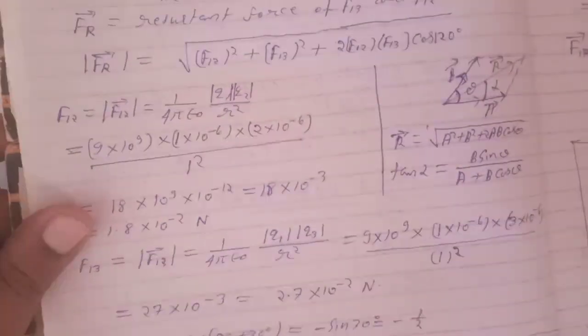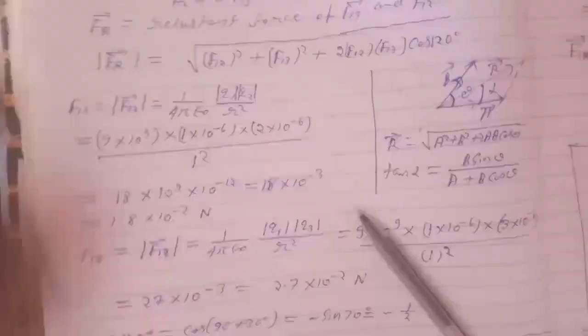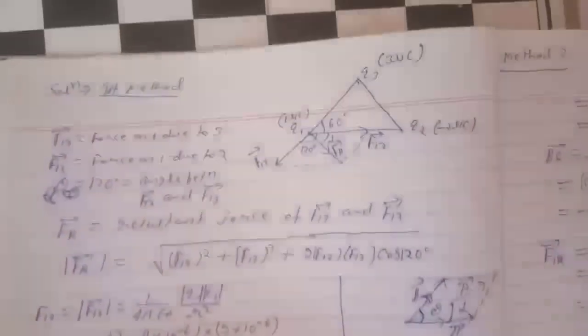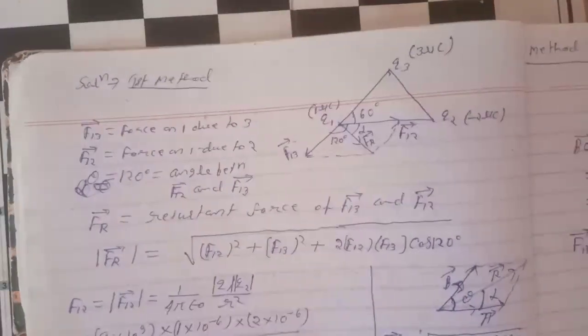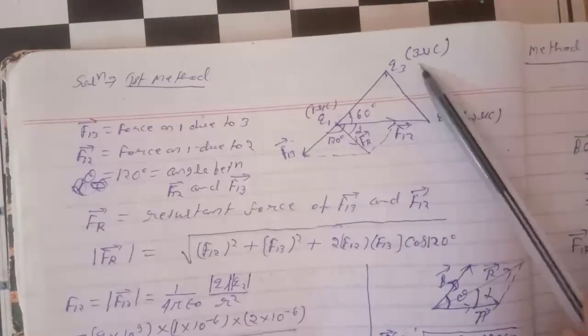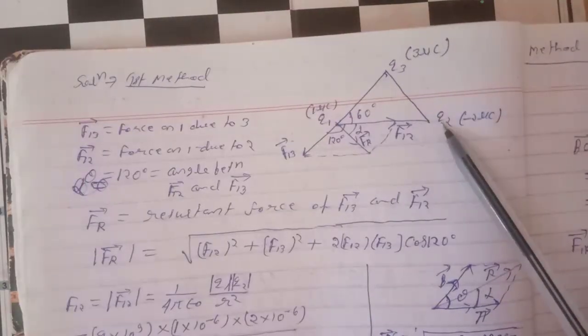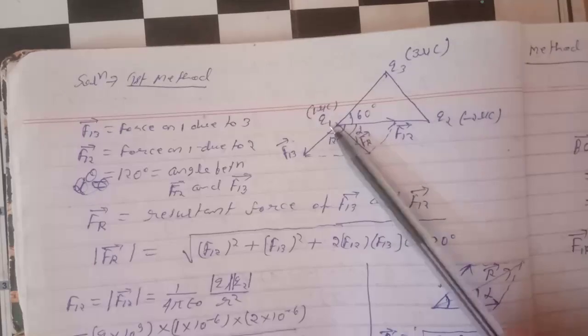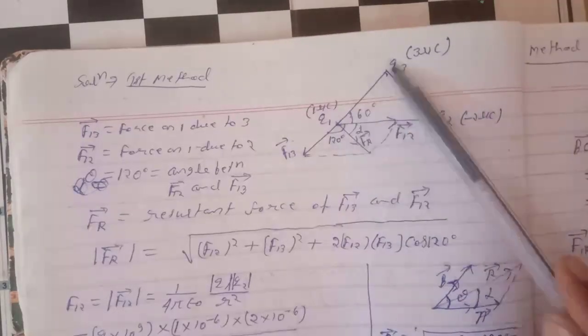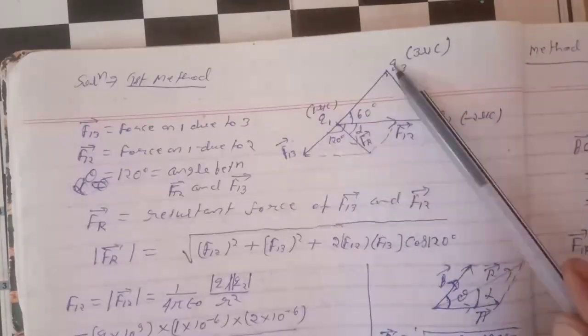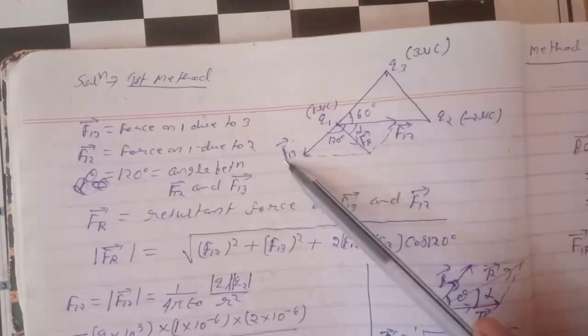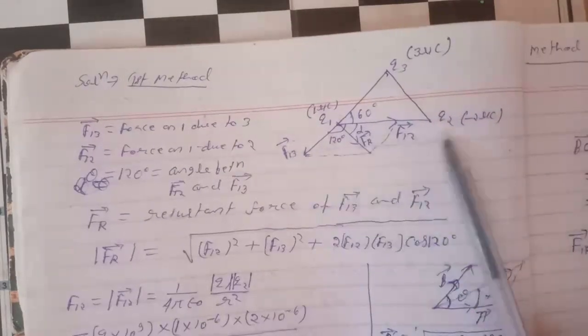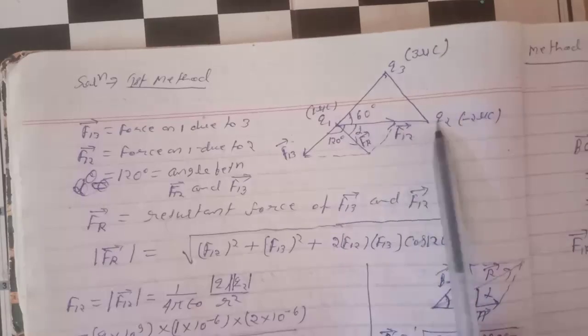Solution, first method. Here two charges are shown. This is 3 microcoulomb, this is 2 microcoulomb, and this is 1 microcoulomb. Now from this charge, because these are positive, the force due to 3 will be in this direction, so F13, and due to this charge the force will be in this direction.